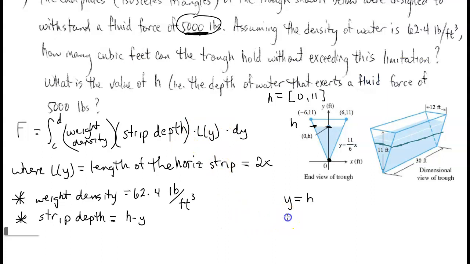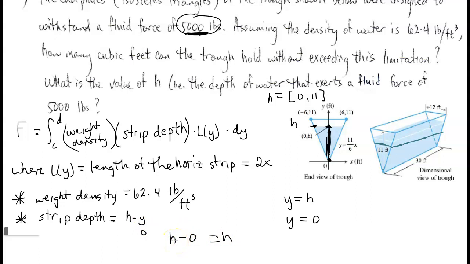However, if I let y equal 0 here, then I'm not just considering this. What I'm actually considering is all of this. And so what I'm doing there is I'm considering the pressure of the whole entire plate at that point. Because again, if y is equal to 0 here, then h minus 0 is h.